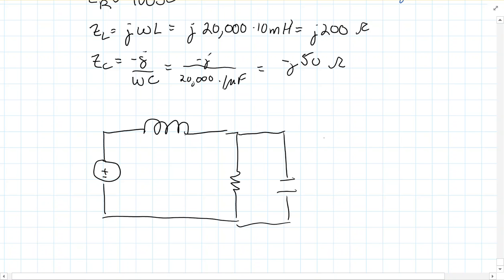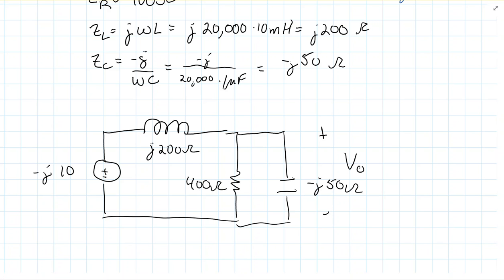Now this is in steady state form, so I'm looking for plus minus V out. My input is negative j10, and then this is j200 ohms. The resistor is still 400 ohms, and then this is negative j50 ohms.